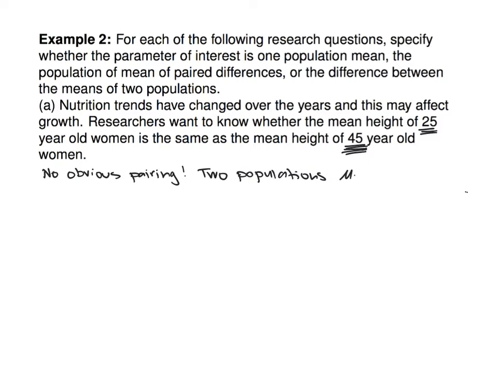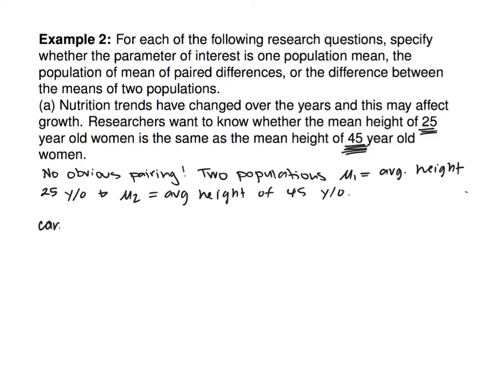So let's say mu1 is equal to the average height of the 25-year-olds, and mu2 is equal to the average height of 45-year-olds. And what we're going to care about is mu1 minus mu2.